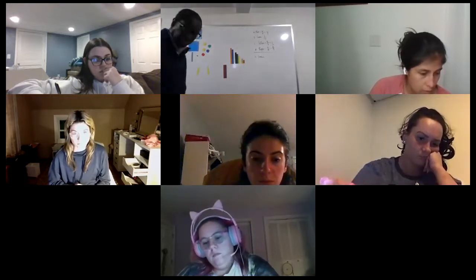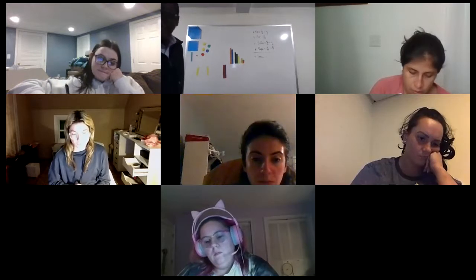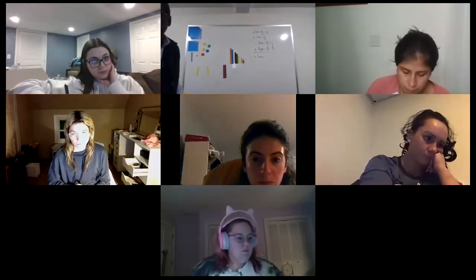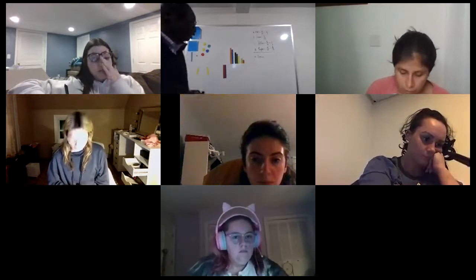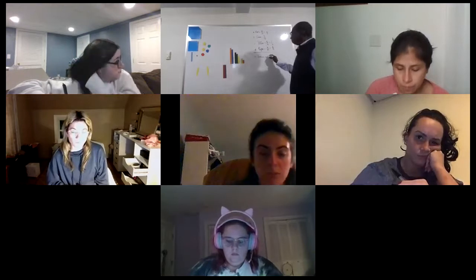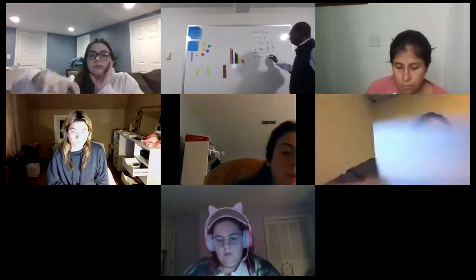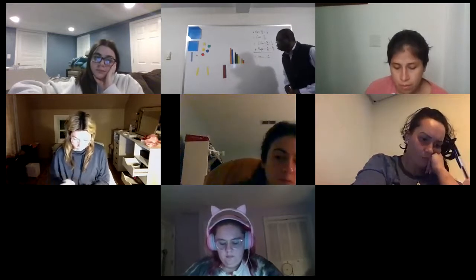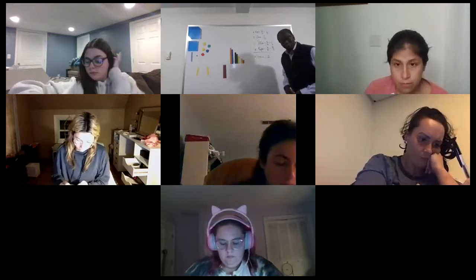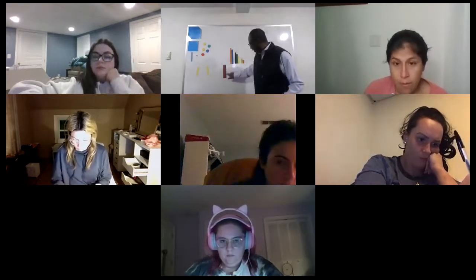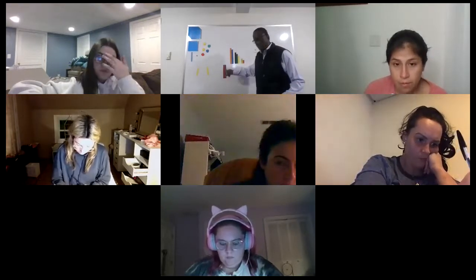So the question is, if the purple is 1, then the brown is equal to what? 2. The brown is 2 of the purple. Agreed? You can see it clearly here. It takes 2 purple to make 1 brown.